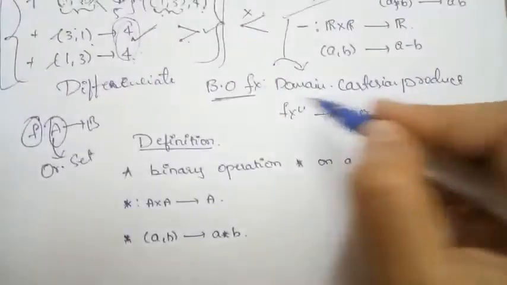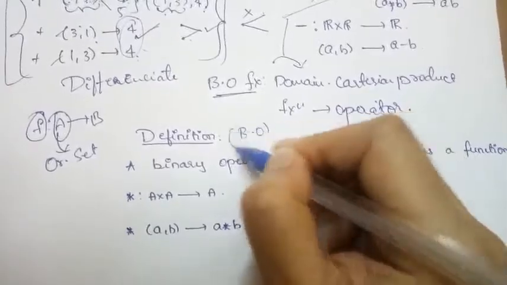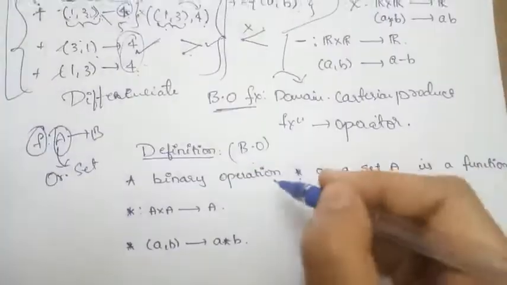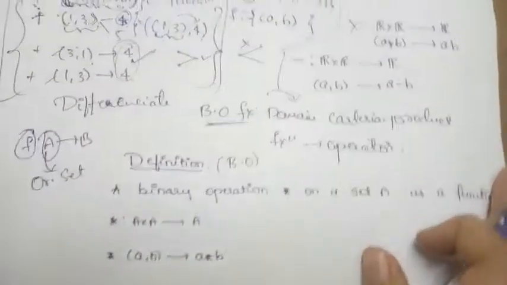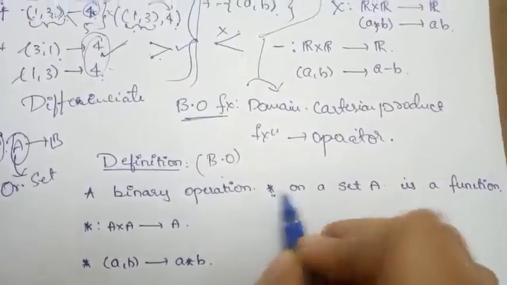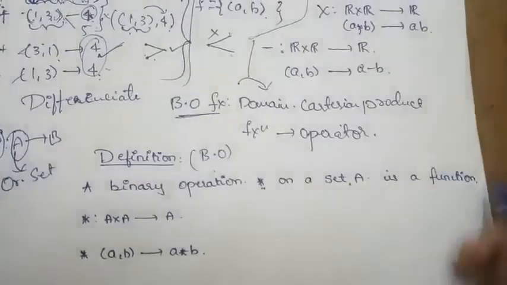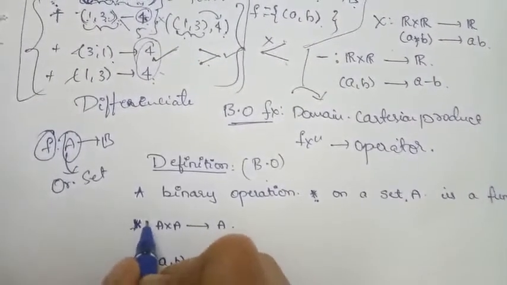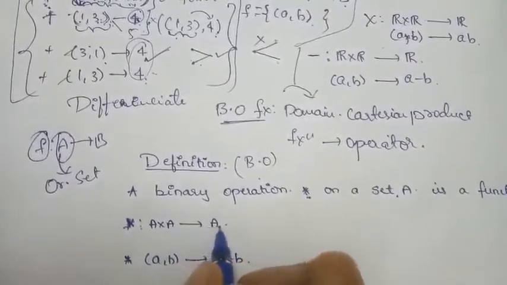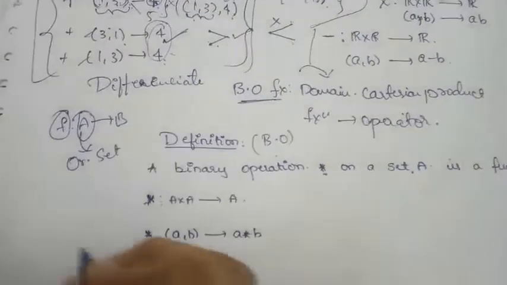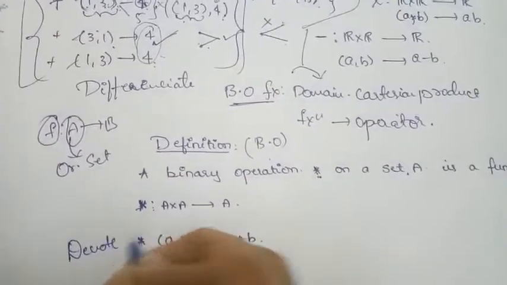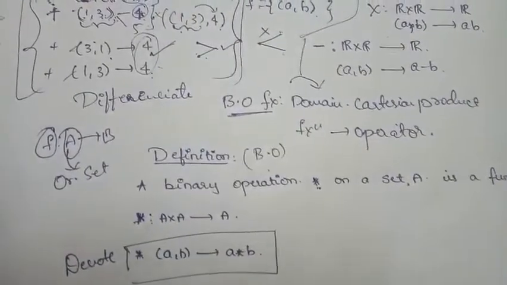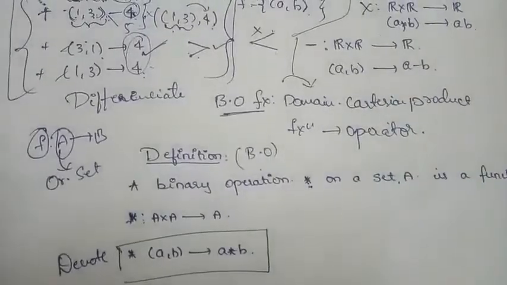Now the definition of a binary operation: a binary operation star on a set A is a function, and we denote it as star, such that A cross A to the set A, where A is any arbitrary set, and we denote it as star from (a, b) gives a star b.